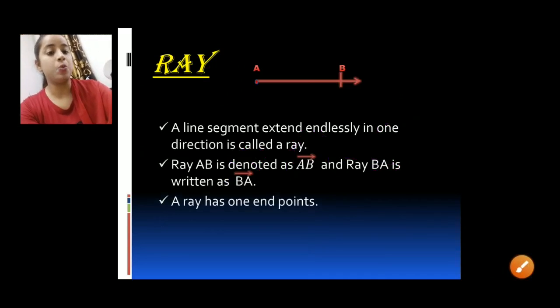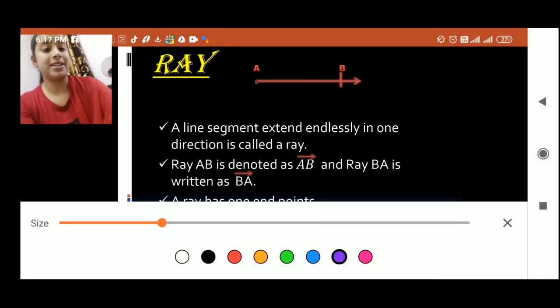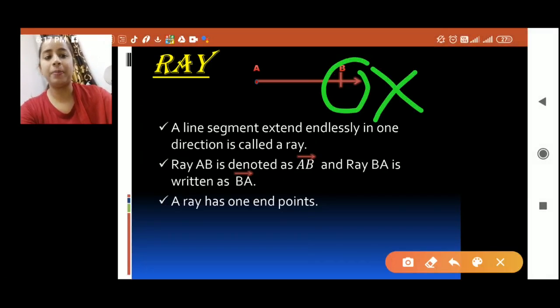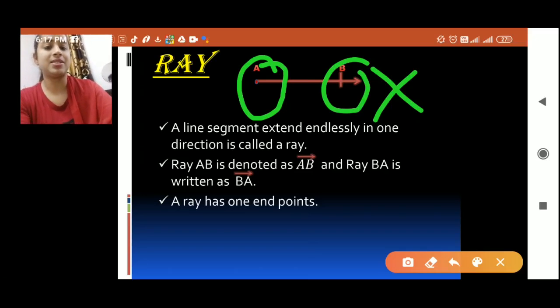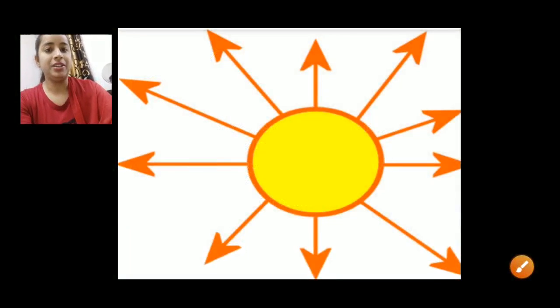A ray has one endpoint, as from one side it is extended endlessly, so we are left with only one point, that is A. Now here you can see the sun rays, which is an example of a ray.